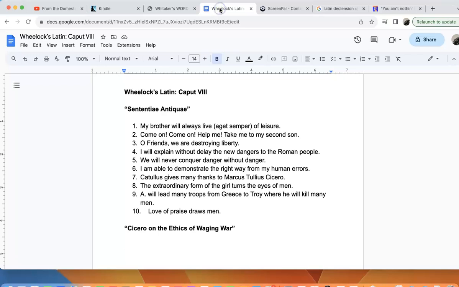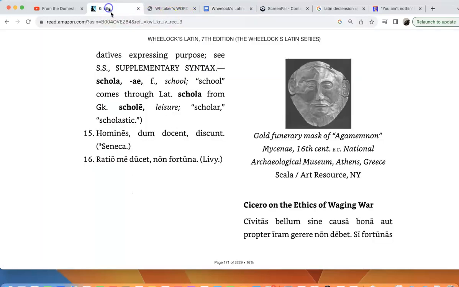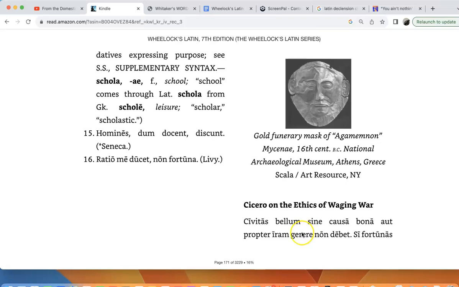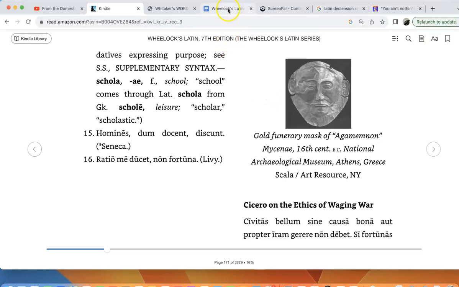So we're going to go right down here. So take off the bold. So a state. So remember, Latin doesn't use a or the. So a state ought not to wage war without good cause or on account of anger. So let me write that down, then we'll explain it.